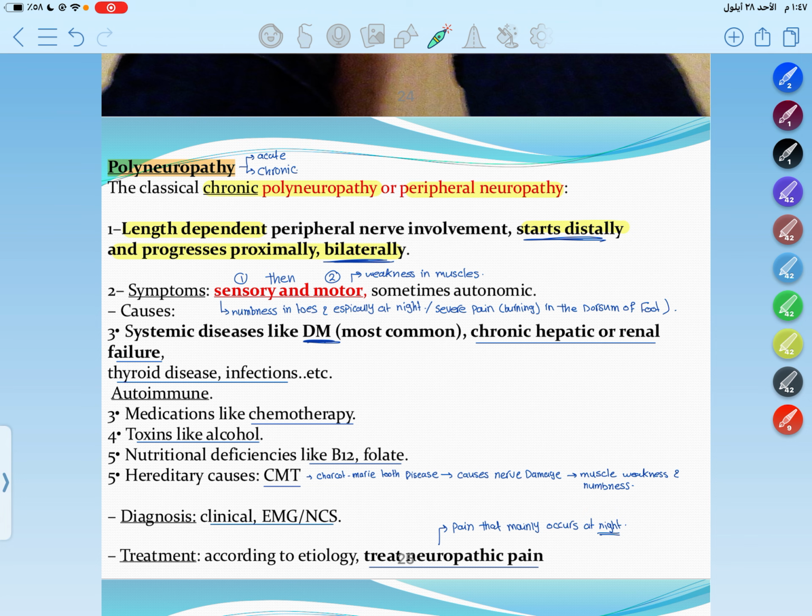And the polyneuropathy, the classical chronic polyneuropathy, sometimes called peripheral neuropathy, means multiple nerves but in the same area. And of course, that is length dependent. The longer the nerve, the more exposed it is to polyneuropathy.